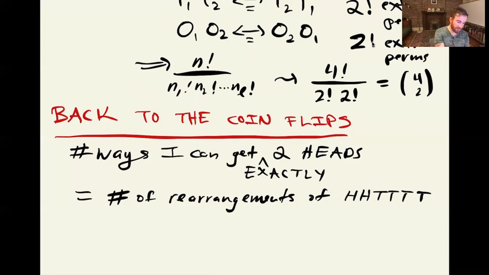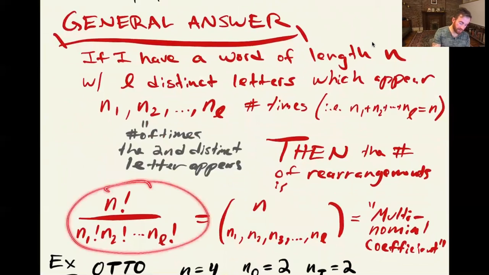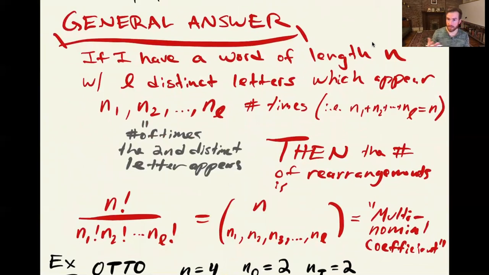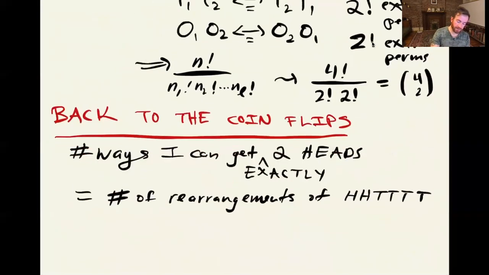So using the formula we just derived back on this page, I can now think of this event as being counted by the number of possible rearrangements of the word HHTTTT, which we just learned is, well, first I count the total length, which is 6 factorial.